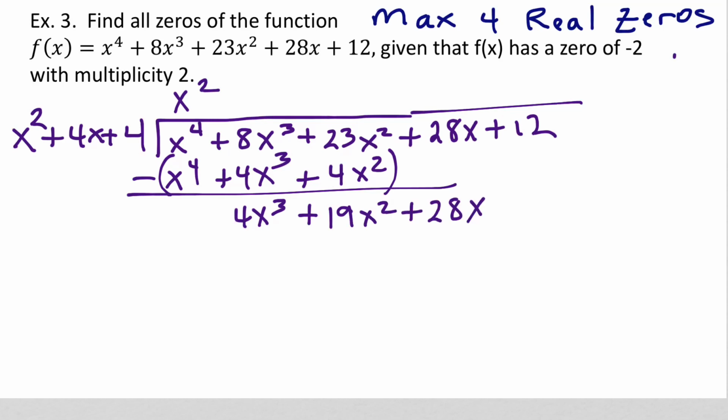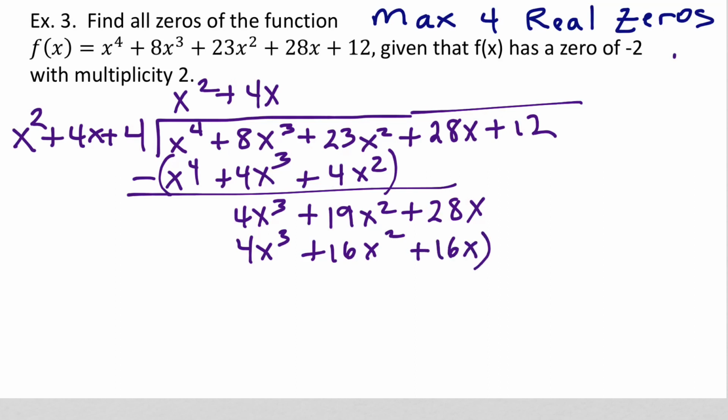Now I ask myself, what do I have to multiply x squared by to get 4x cubed? That would be 4x. Write it up top. 4x times x squared is 4x cubed. 4x times 4x is 16x squared. 4x times 4 is 16x.